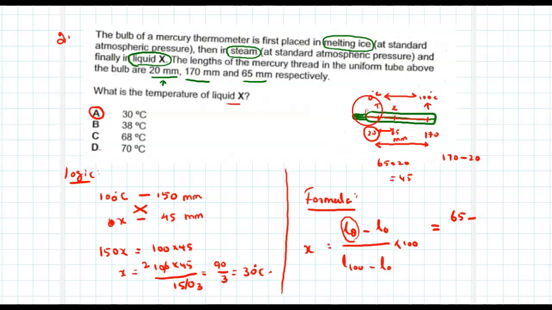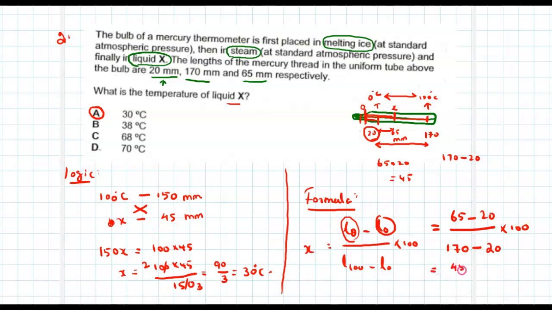Now everything we calculate from the bulb. We are not subtracting here; this is starting from 0 and here is 170. So L theta means the length from the bulb to here, which is 65, minus L0, from the bulb to the 0 degree Celsius, that is 20 millimeter, divided by L100, which is 170, minus L0, again 20, multiplied by 100.